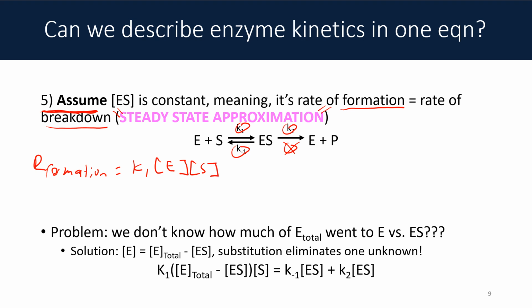And it means the rate of breakdown, which are the processes that are going away from ES, equals K minus 1 times ES plus K2 times ES.